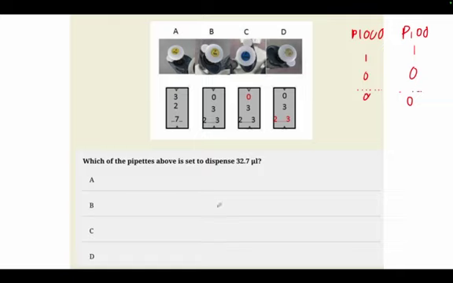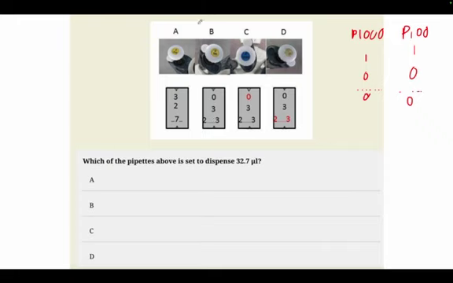When we look at 32.7 microliters, this is going to be typically under the least count of a 1,000 microliter pipette. Okay, 1,000 will usually dispense 1,000 to 100 microliters properly. So in a 100 microliter pipette, this is 32.7.